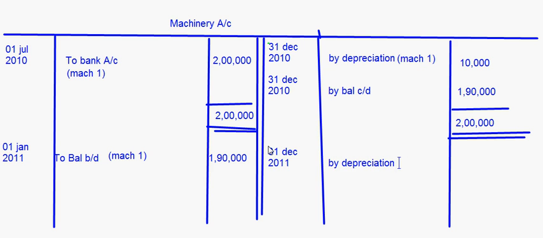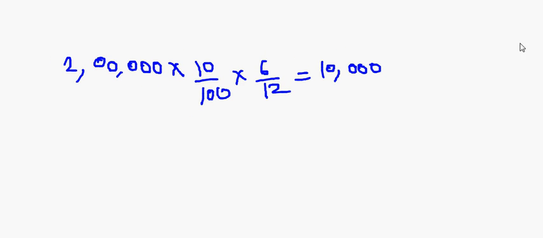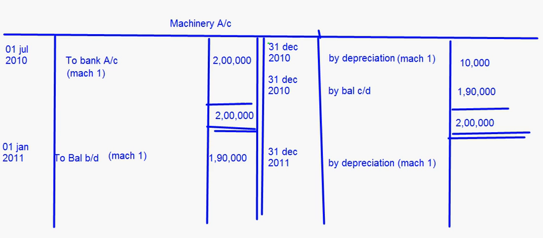And now 2011, there is no machine being purchased. So this is the first machine only which is there in 2011, and we have to provide the depreciation for the whole year. So here you will have by depreciation account, again machine 1. This year it is for the whole year, 1st January 2011 to 31st December 2011, so the depreciation will be calculated for the whole year and not just for 6 months.